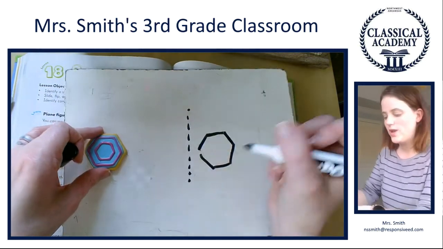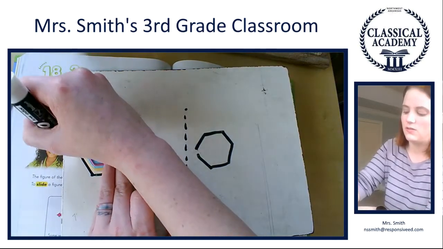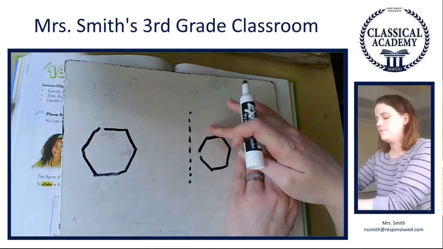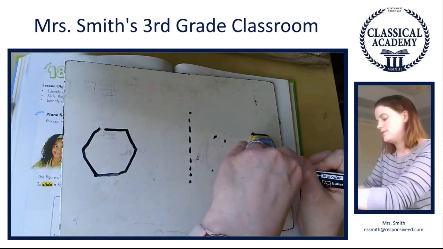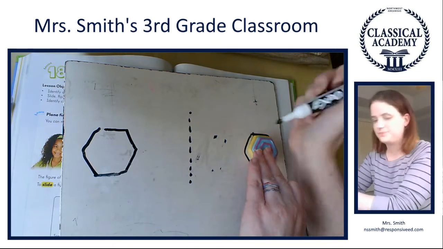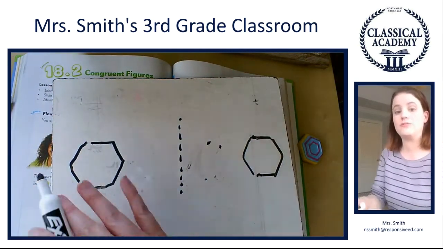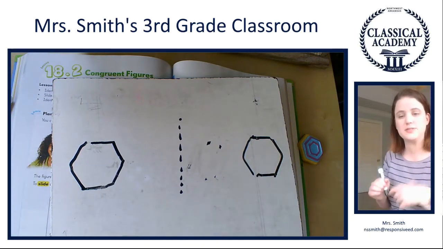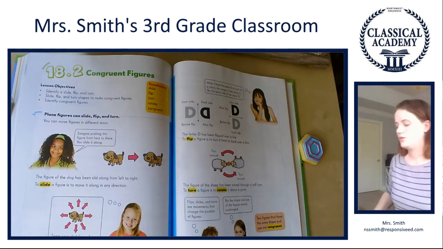So if this one were way over here, forgive my tracing skills, then this one should be the same distance from the line because it's reflected, right? So that's a flip. You're flipping it over, you're reflecting it over the line. Say reflection, say flip. They're the same.